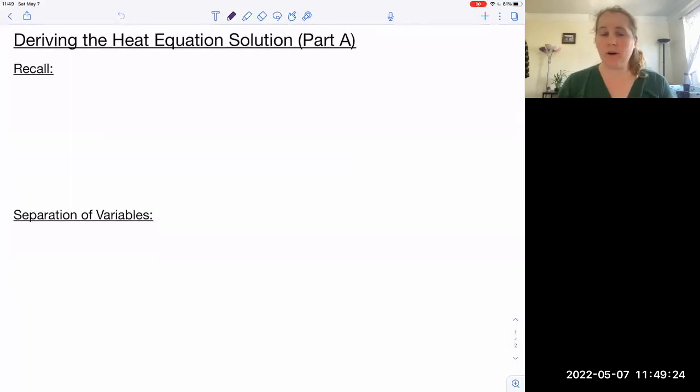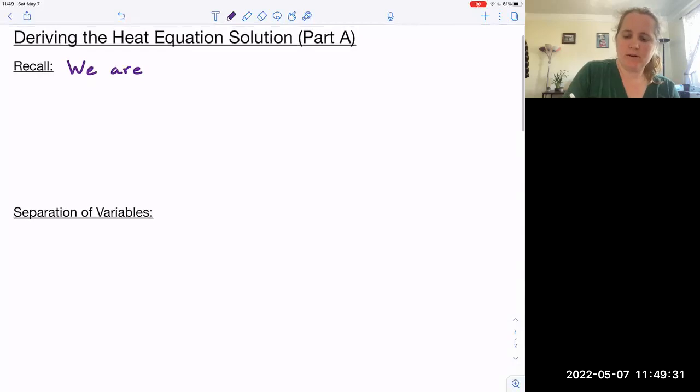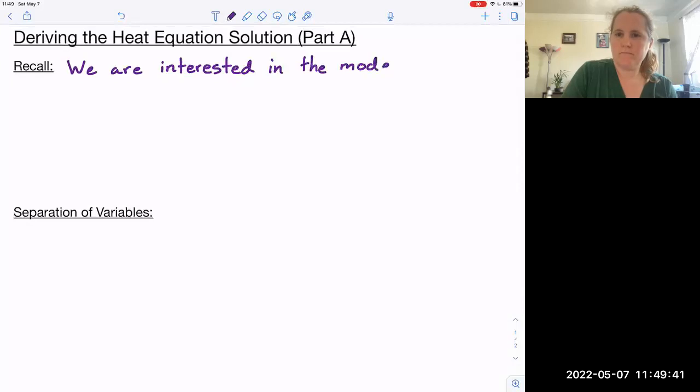So first up, recall that we are interested in the model: the first partial with respect to t of u is equal to a squared times the second partial with respect to x of u.